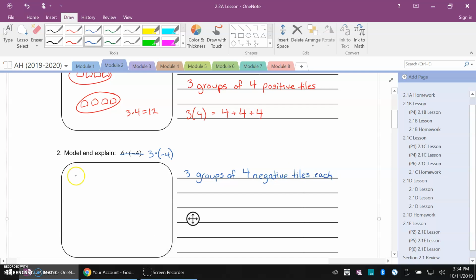So when we draw our first group, we're going to have a negative tile and another one, and then we're going to count until we have 4. And then we're going to circle it to show a group. So because we need 3 of those groups total, that means we're going to need to add 2 more groups.